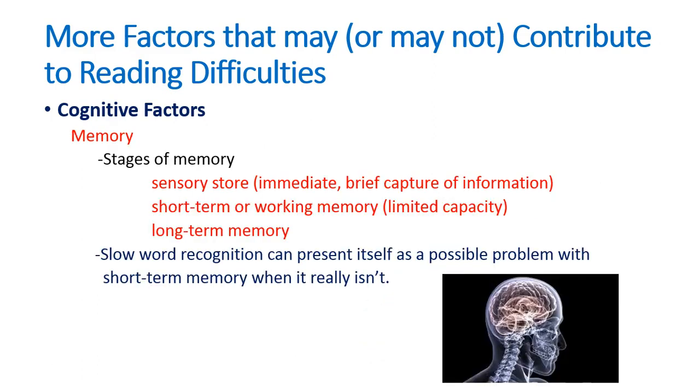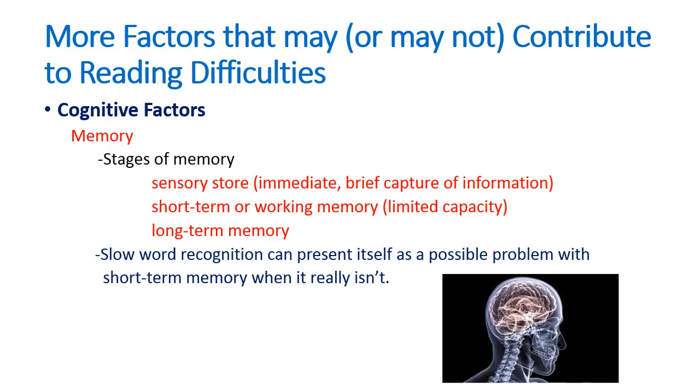Memory is also another cognitive factor. We can think of memory as existing in three different stages. The first stage is the sensory store, or that immediate capture of information, where we get an awareness of something, and then we may or may not work with that information depending upon whether we need it.